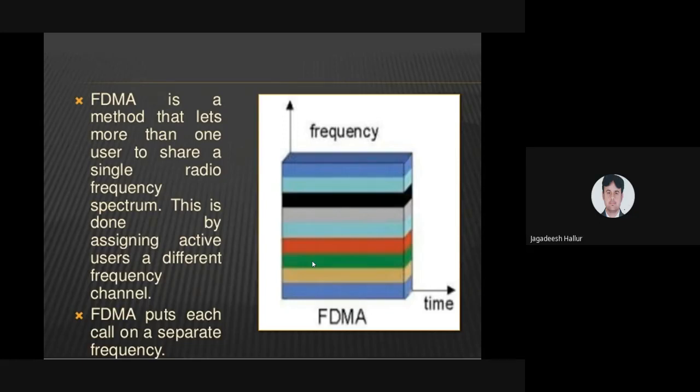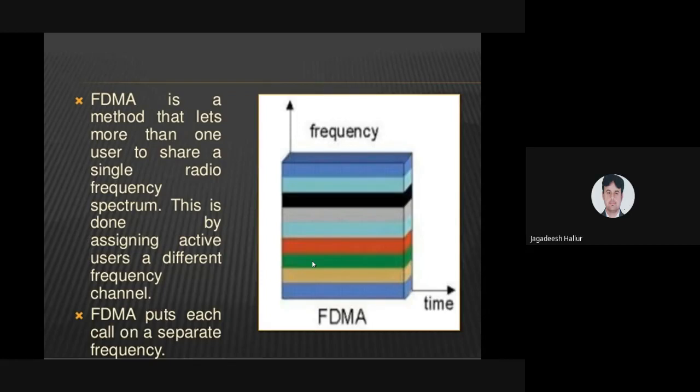As more users try to connect, you can't connect a particular network for a particular system. So the technology is going to change from FDMA to TDMA, that is from analog to digital. And one more condition is that FDMA puts each call on a separate frequency.